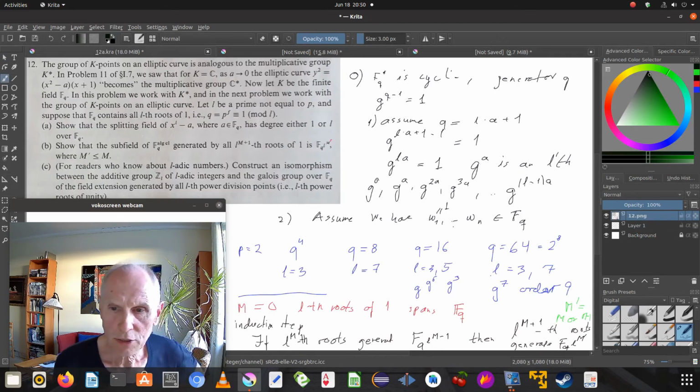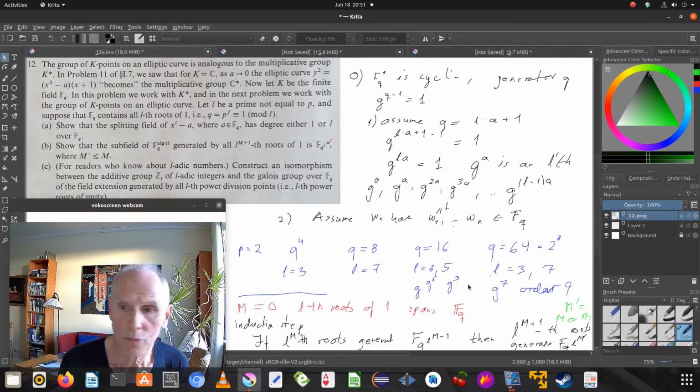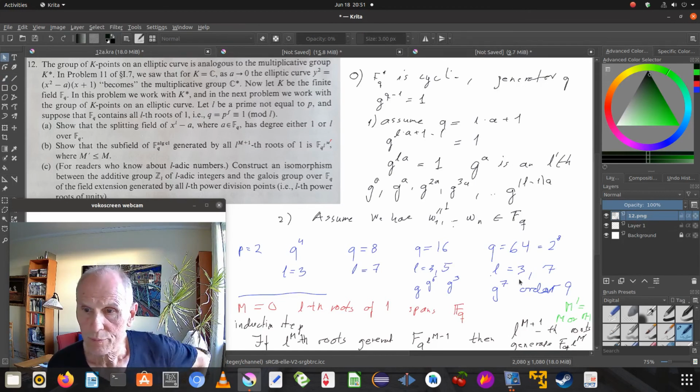Would be a nice thing to check with this example I have here. Here we have an element of order 9, and if we move these elements, say double them, then we have to double this guy as well.